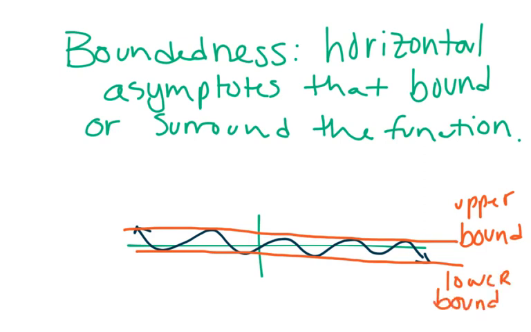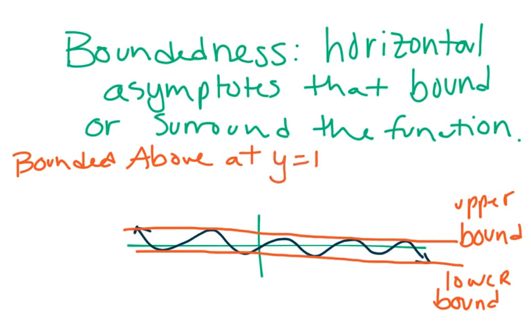And so there are 3 answers for this. Is it bounded? And you would say, yes, it's bounded above, or you would say it's bounded below, or it's just bounded, which means both. So you could have bounded above, and you could even say at y equals 1, or whatever it happens to be.